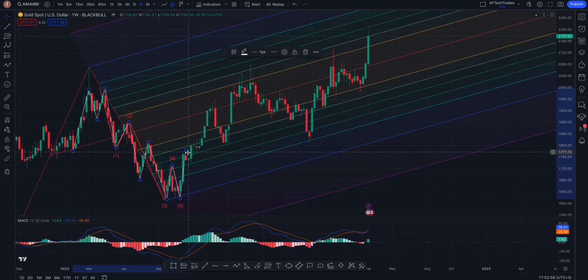And if this is my 1, the whole of this could also form the W for me, then I have a retest here of the neckline. So this will be 0, this will be 1, this will be 2.